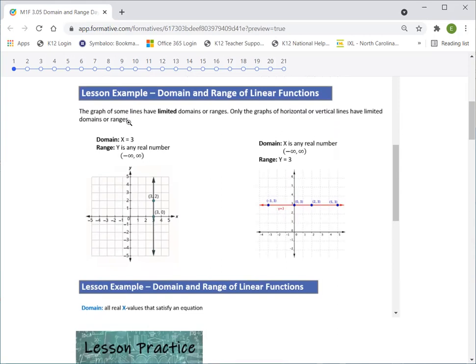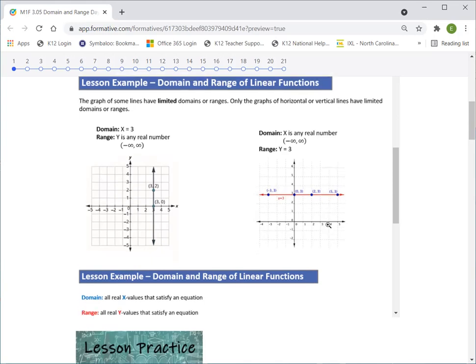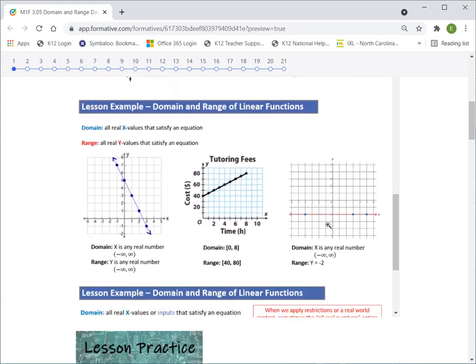Where this one, x equals 3 is the domain, and then the range, since it's going up and down, is all real numbers. And then vice versa, this one is y equals 3. So it goes left and right forever, so it's all real numbers on the x value, but the y value is only going to be 3.